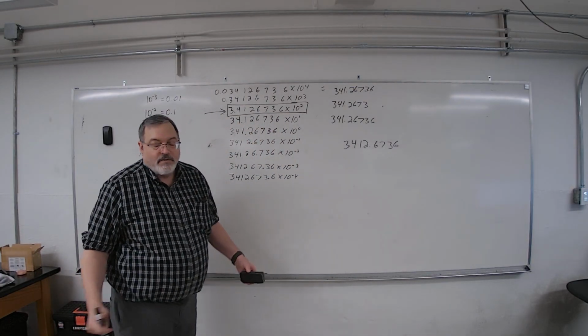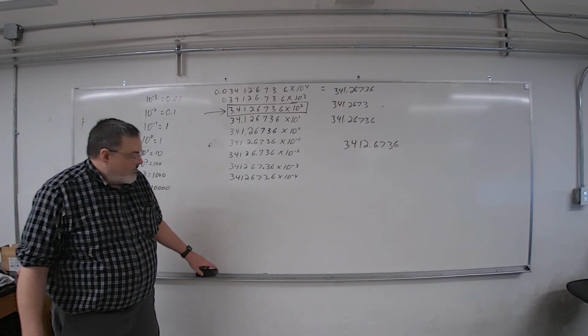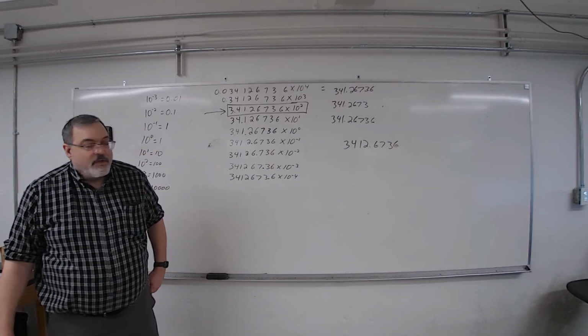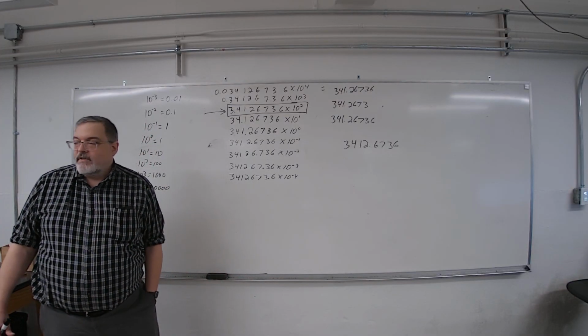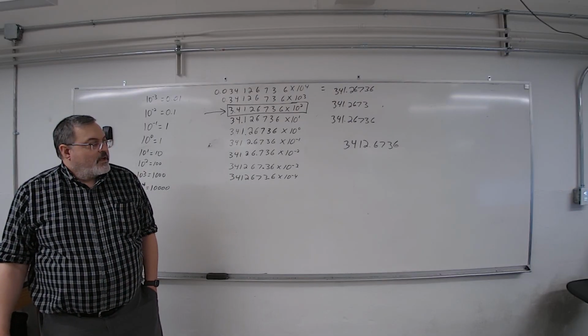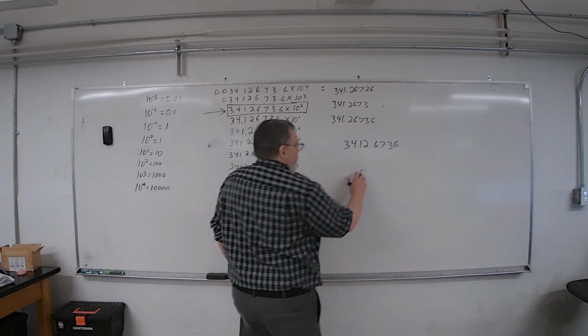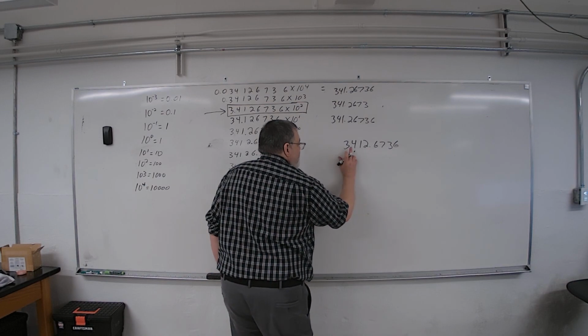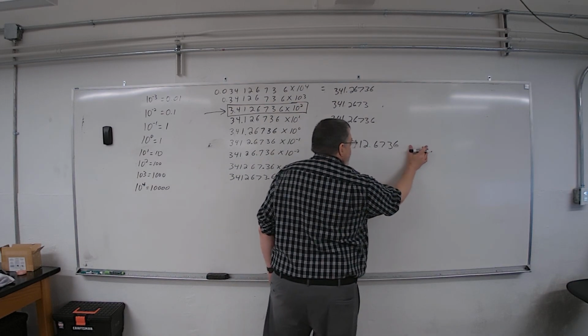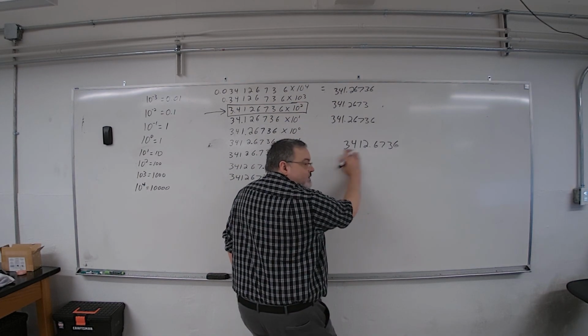The power of 10 generally doesn't show up naturally. And then you look back at the problem and you go, oh, this said to put it in standard scientific notation. So then you have to turn this into a number that has the decimal there and a power of 10 that still makes it equal to this.